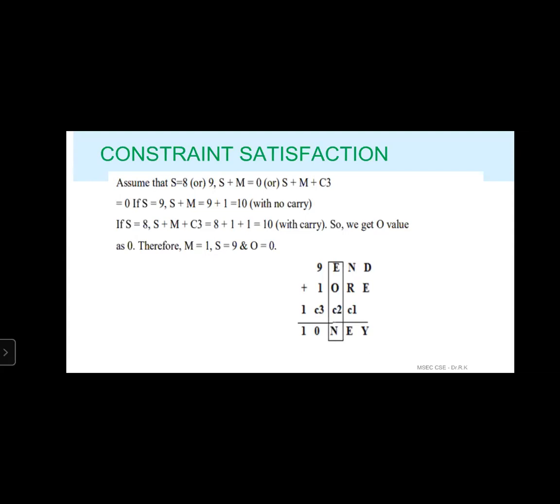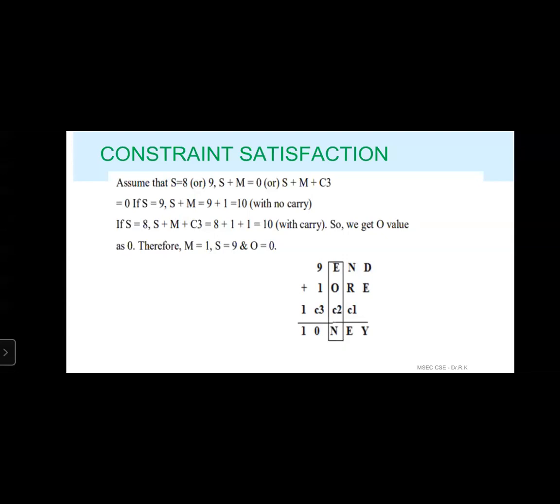If S equal to 9, S plus M equal to 9 plus 1 equal to 10 with no carry. If S equal to 8, S plus M plus C3 equal to 8 plus 1 plus 1 equal to 10 with the carry. So we get O value as 0.